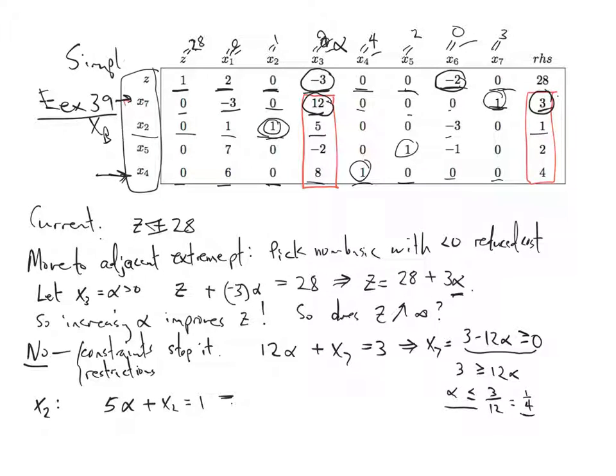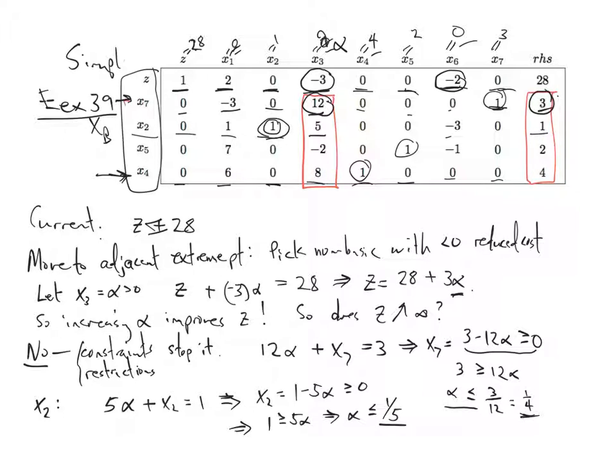That says x2 is equal to 1 minus 5 alpha, and to say that's bigger than or equal to 0 says that 1 is bigger than or equal to 5 alpha, or alpha is less than or equal to 1/5.